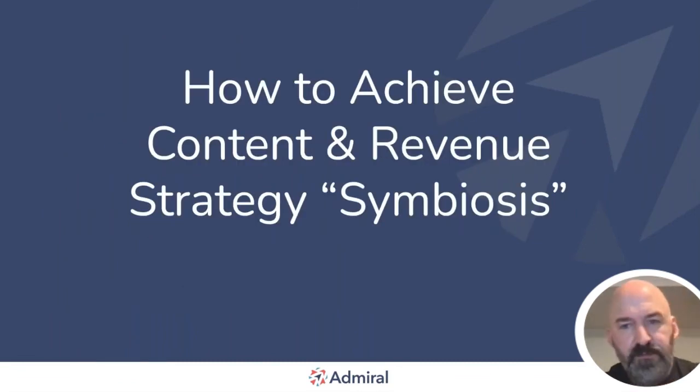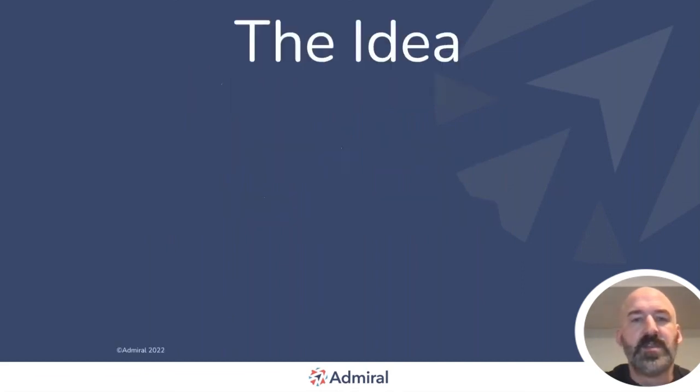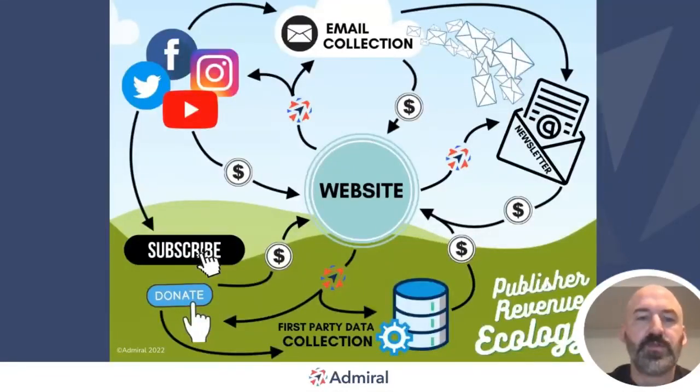So what does all this mean? Essentially, what we're talking about is how you create a content strategy where the release of your content is coming out in things like newsletters, it's coming out in things like your social media posts, and it's continuing to drive people back to your site. So if I'm posting on Instagram a recent article that I've published on my website, that continues to drive people back to the website.